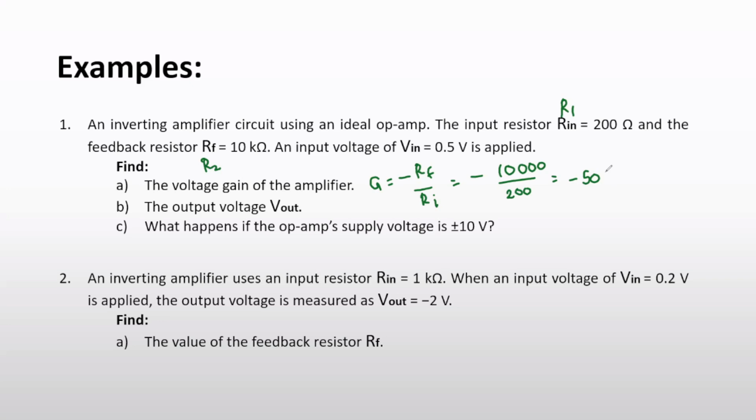And then what is the output voltage? The Vin is 0.5. So the output voltage is 0.5 into minus 50.